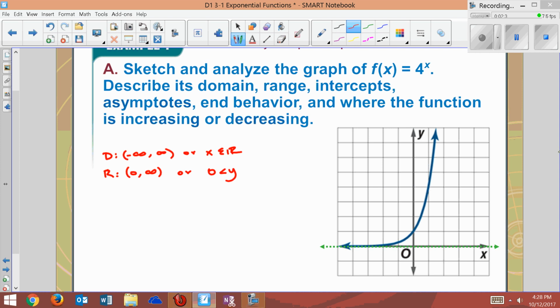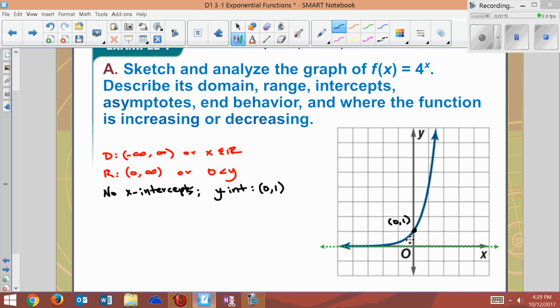Domain, range, intercepts. There are no intercepts here. I should say no x-intercepts. The y-intercept is at 0, 1. If you look right there, we have a y-intercept at 0, 1.